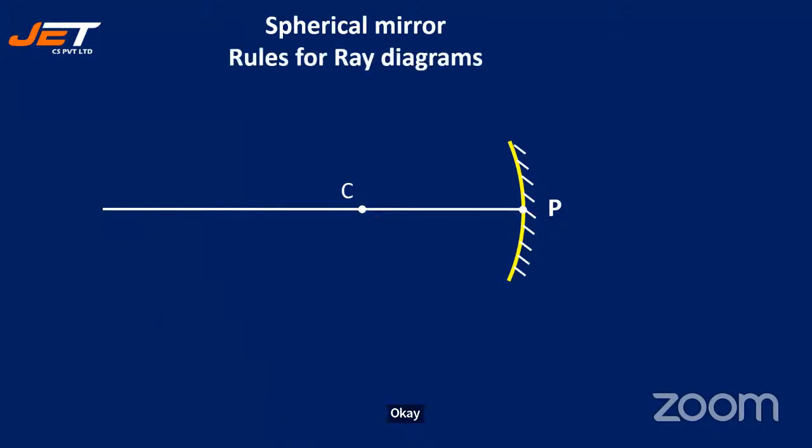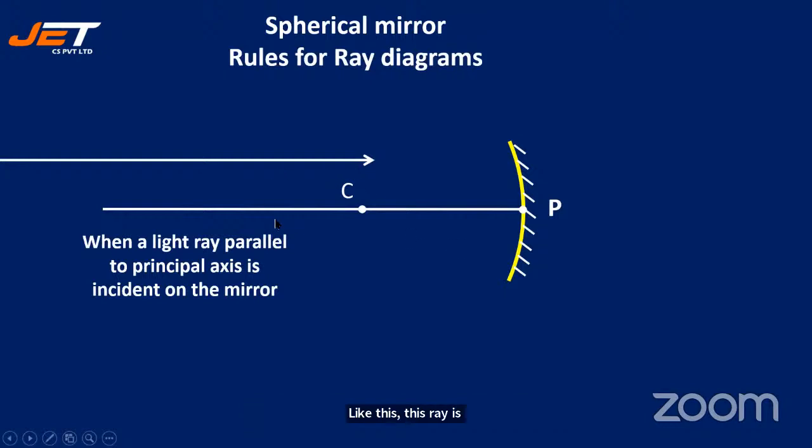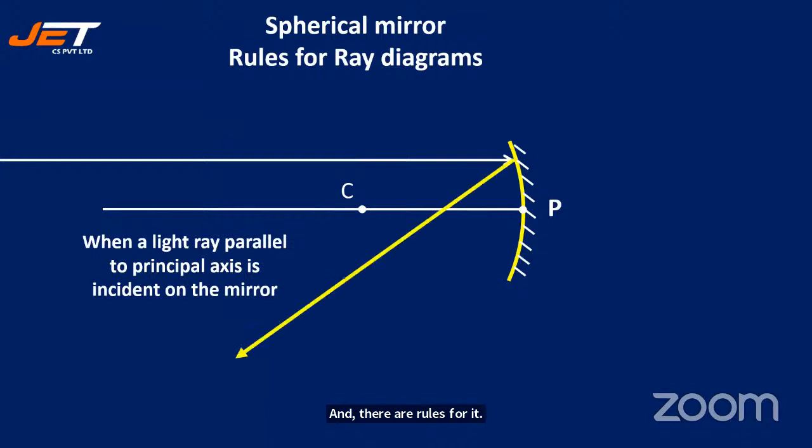Now let us look into the rules for drawing ray diagrams. When a light ray parallel to the principal axis is incident on the mirror, like this ray which is parallel to the principal axis, how does it reflect? There are rules for it. This is how it reflects.